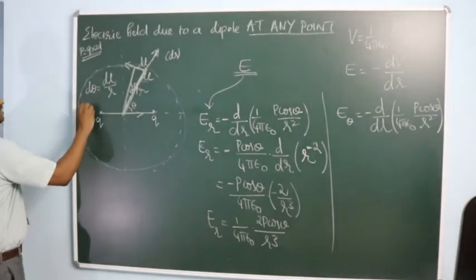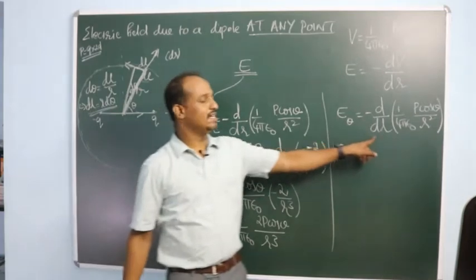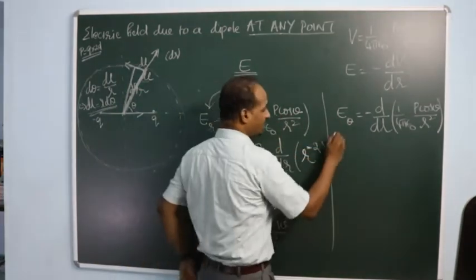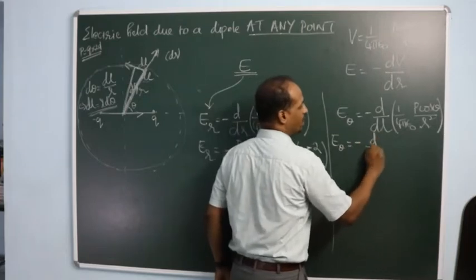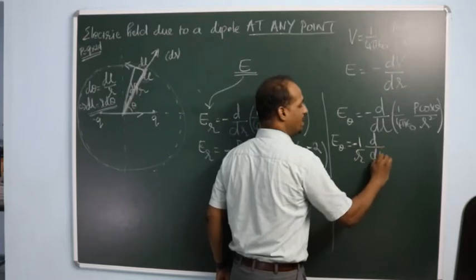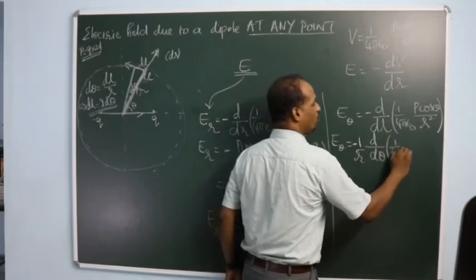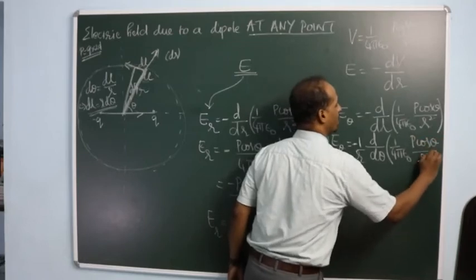Based on this definition, dl is r d theta. So E theta will be minus 1 by r into d by d theta of 1 by 4 pi epsilon naught into P cos theta by r square.